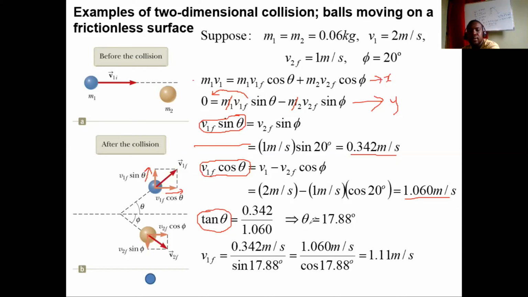So we can get the angle to be 17.88 degrees. Now that we have the angle, we can substitute to find V1F, which is 0.342 over sine theta, and theta is 17.88, and we get V1F to be 1.11 meters per second for the final velocity of the V1 object.